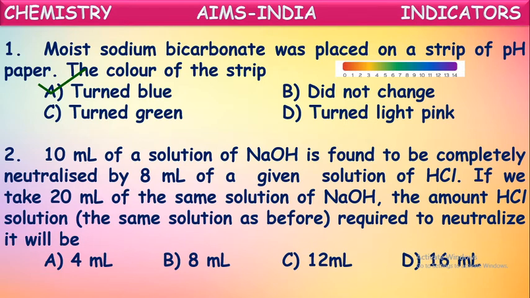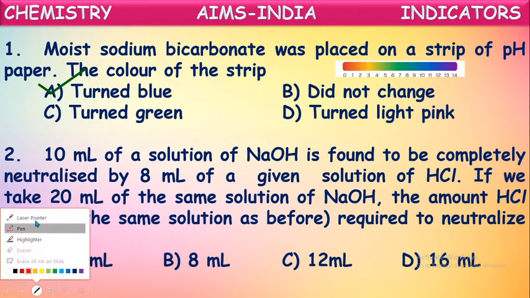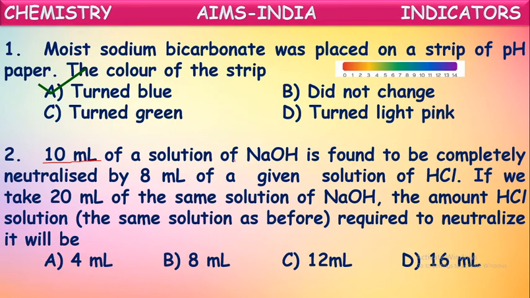If you observe the initial conditions, 10 ml of sodium hydroxide is completely neutralized by 8 ml of hydrochloric acid. From the same solutions, they have now taken 20 ml of sodium hydroxide.